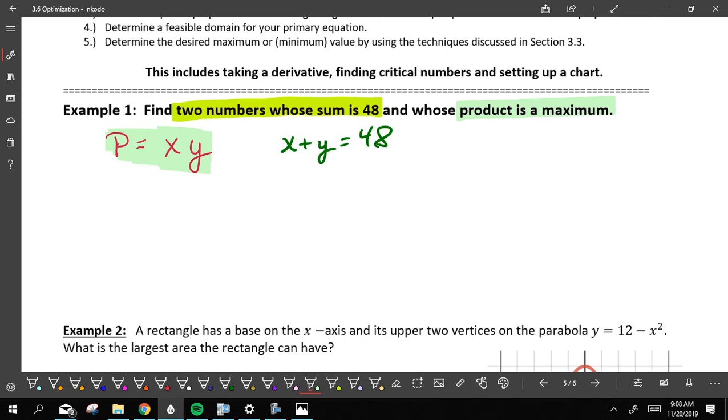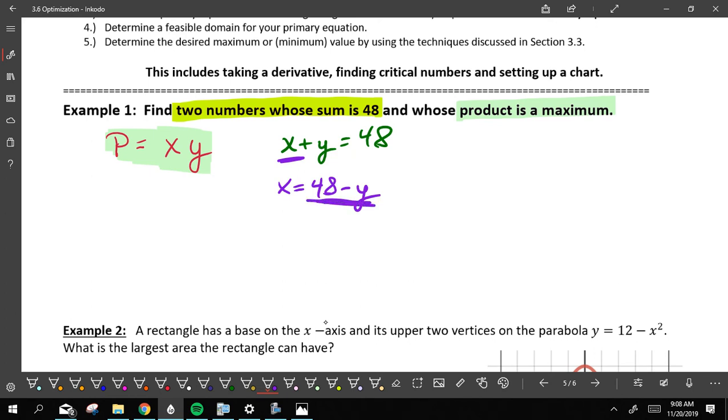So we are going to solve this for a letter. Which letter would you like to solve for? X or Y? X it is. We're going to get X by itself. So if I want to get X by itself, what am I going to do? Subtract Y. X is equal to 48 minus Y. I just took that Y and moved it over. That's an equation. This is what X is.